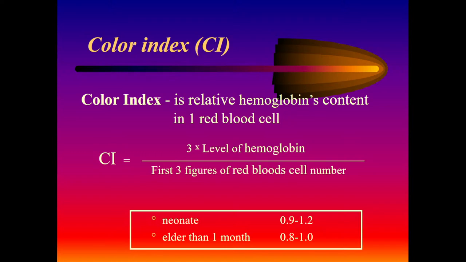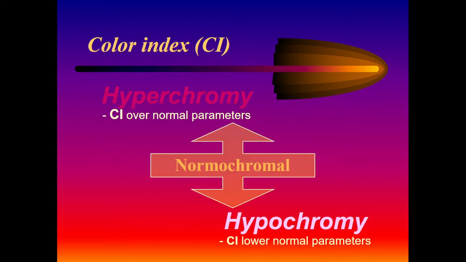Just in the neonatal period it is increased and may be up to 1.2. Color index over the normal parameters is named hyperchromy, normal is normochromic, and if the color index is below the normal parameters, it is hypochromy.